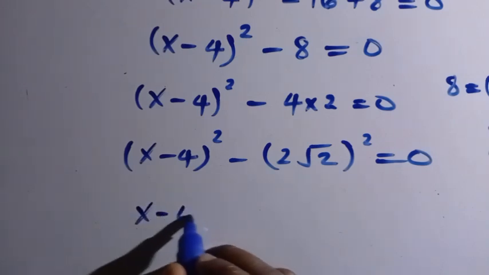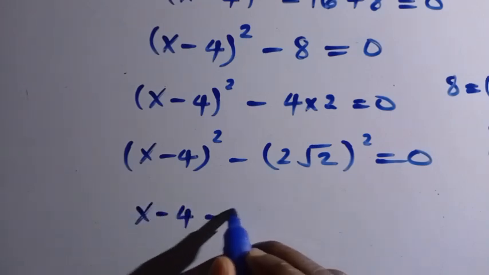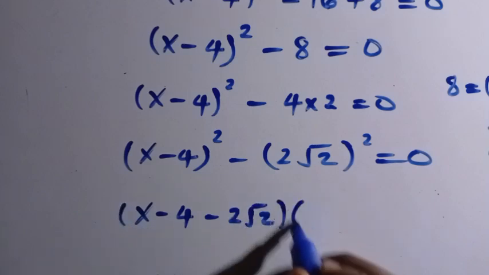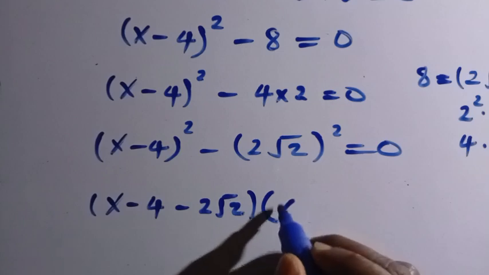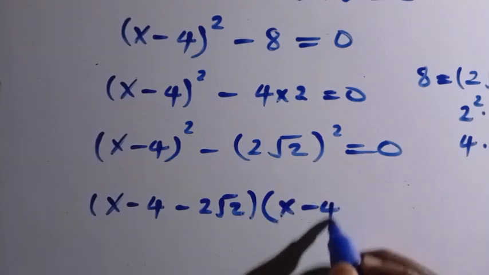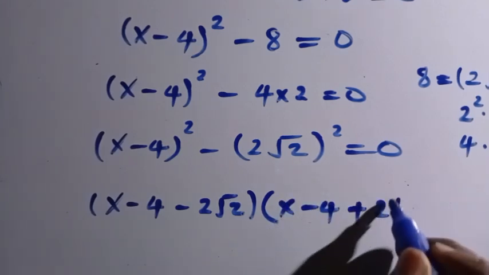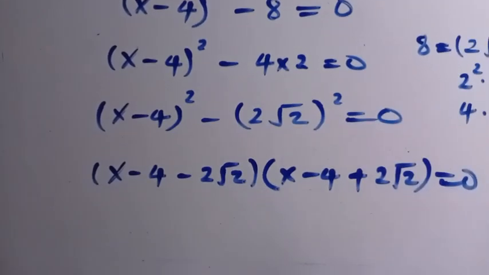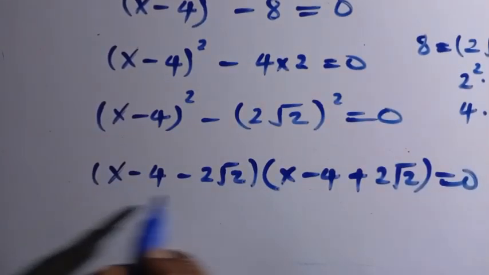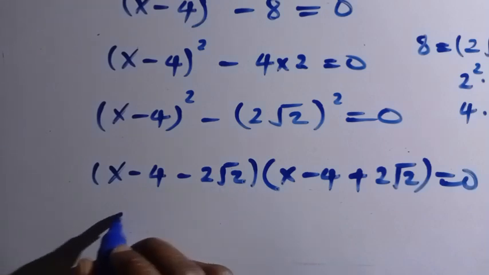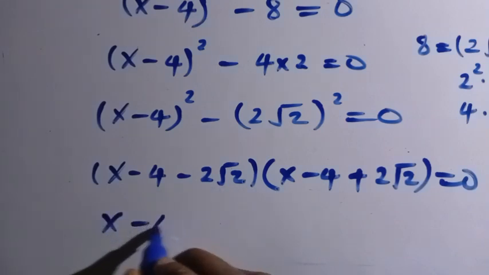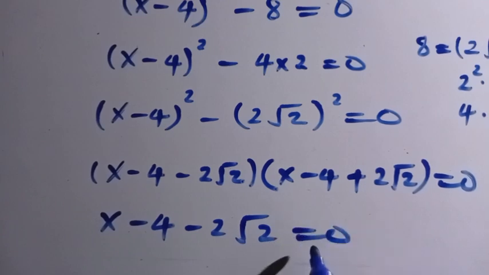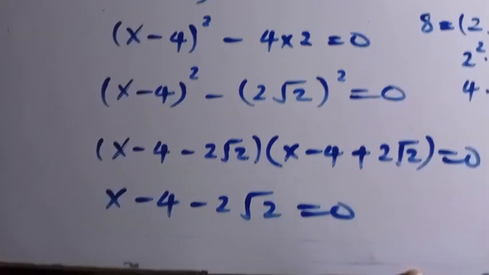So that is x minus 4 minus 2 root 2, times x minus 4 plus 2 root 2 equals 0. From here, we can simply have x minus 4 minus 2 root 2 equals 0, or we also let this other one equal 0.